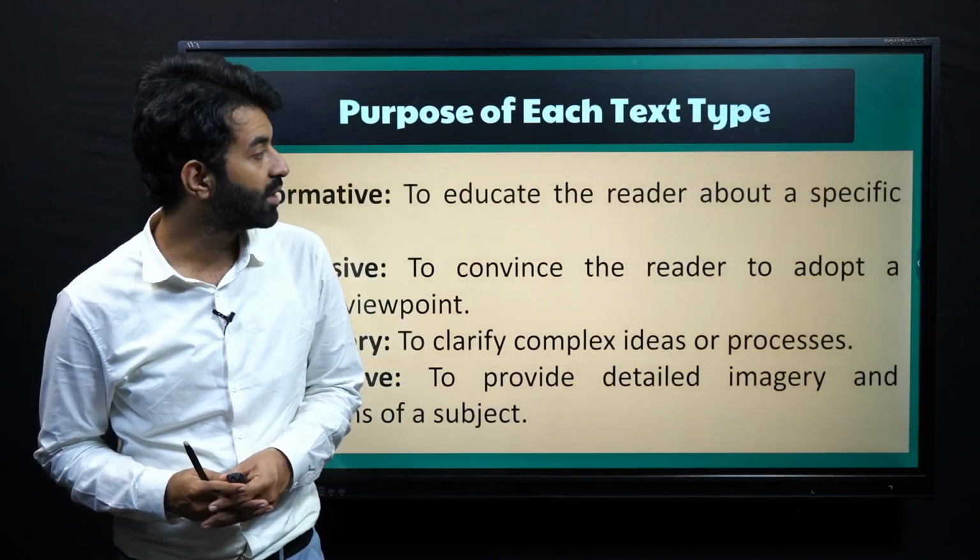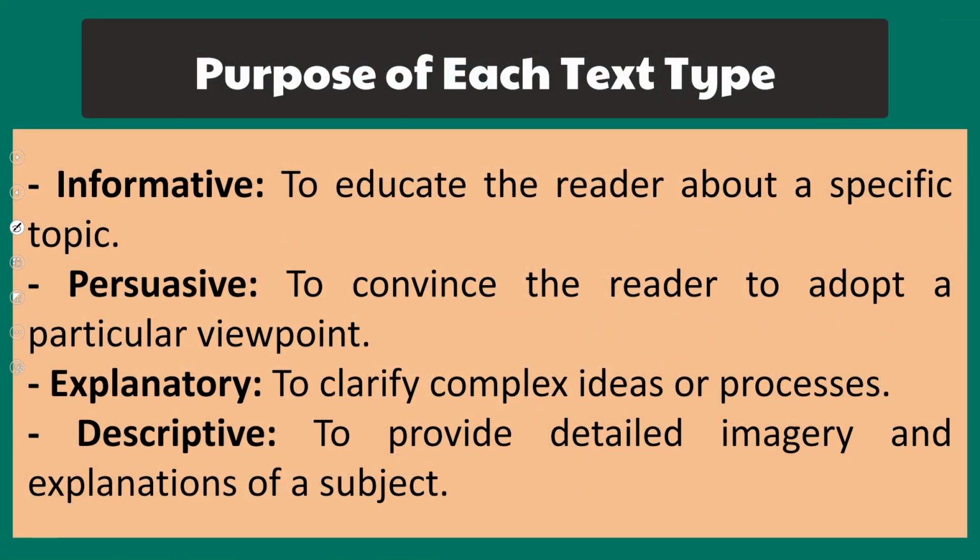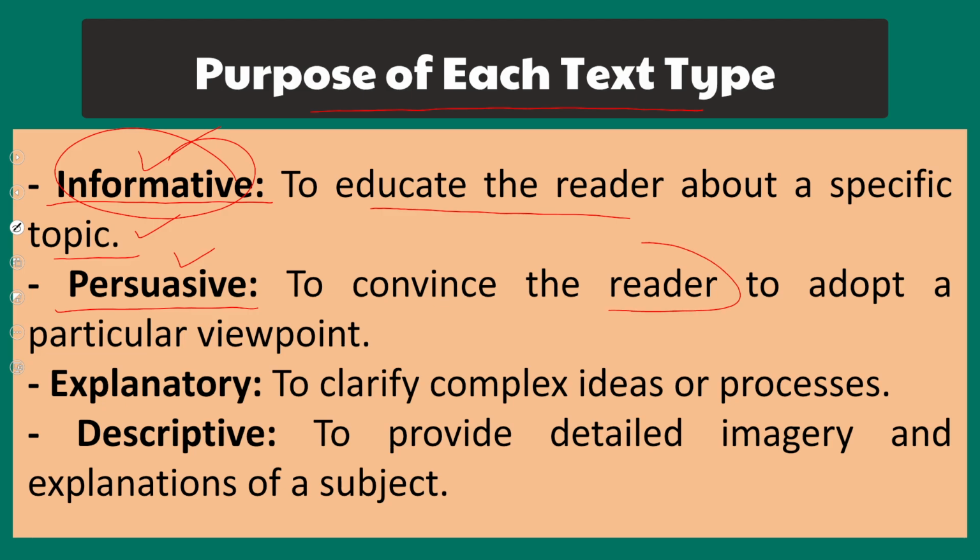Alright students, now let's talk about the purpose of each text type. So informative means the purpose is to educate the reader about a specific topic. Persuasive means to convince the reader to adopt a particular viewpoint or to perform an action.